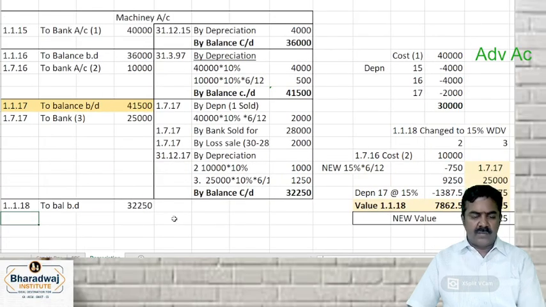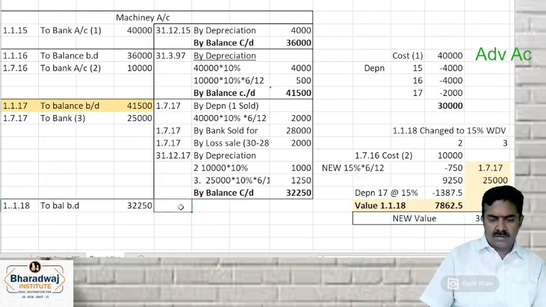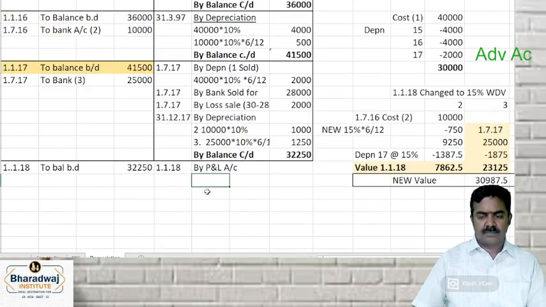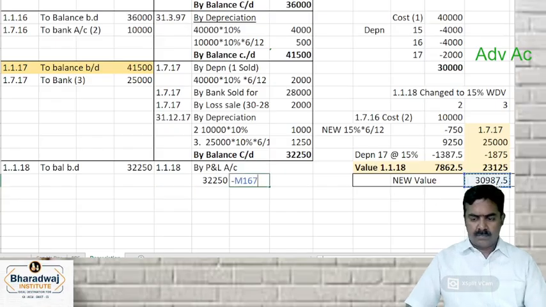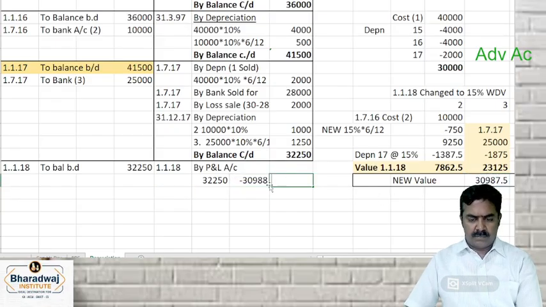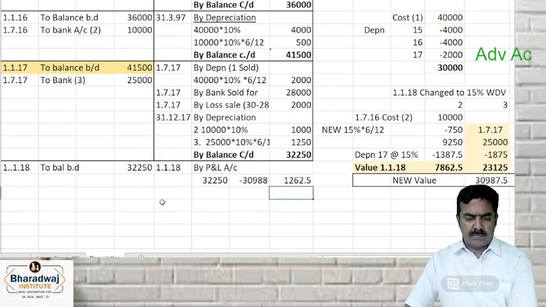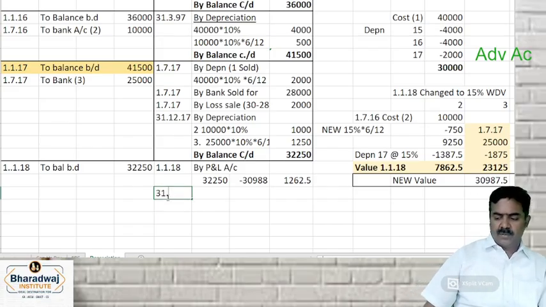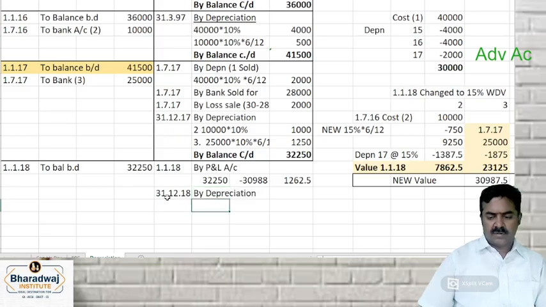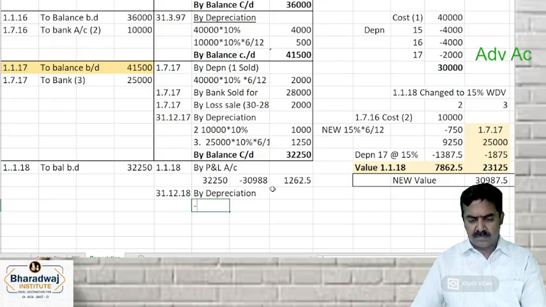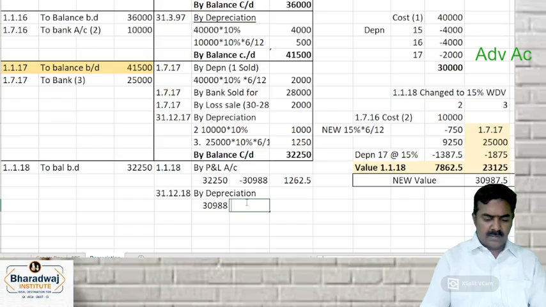So the difference in value we will transfer to P&L. Which value? Then 31/12/18. By depreciation we have to provide as per the new method. What is the new value? Into 15%.